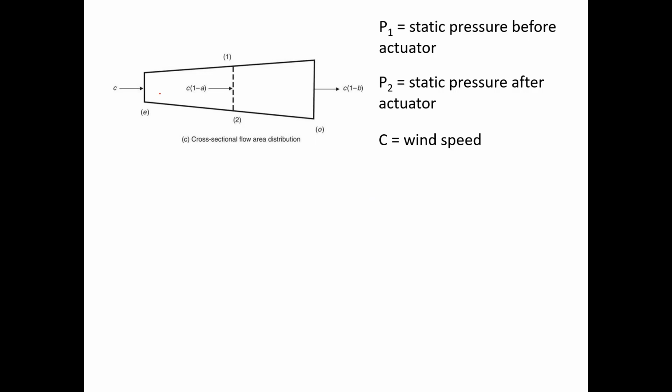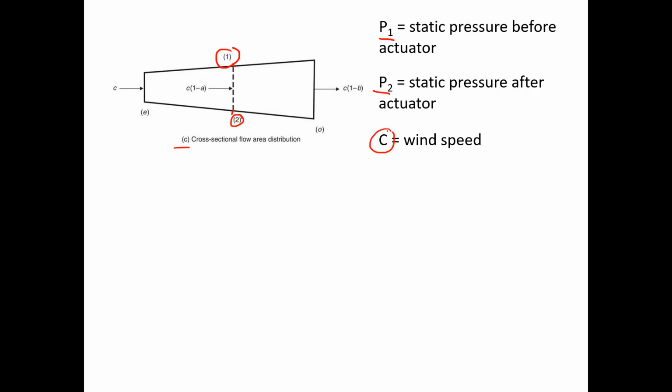So again, just take that same graph from the prior slide and we'll put it here. I'm going to define some terms. We have P1, the static pressure just before the actuator, just before the turbine, and then P2 is the pressure just after the actuator.